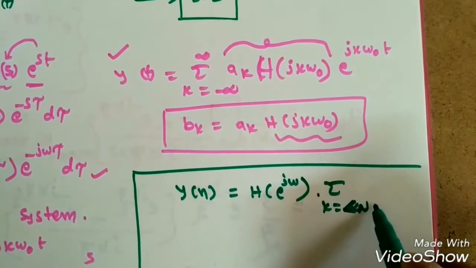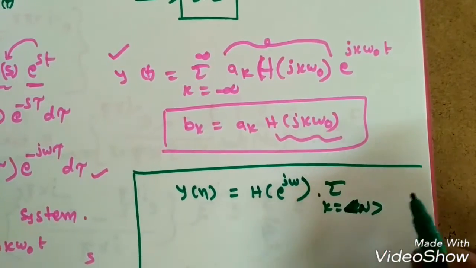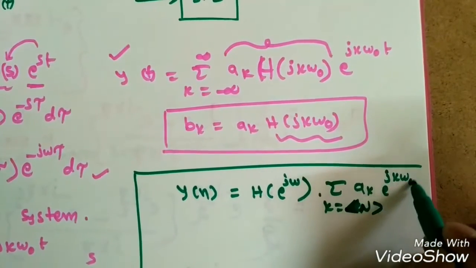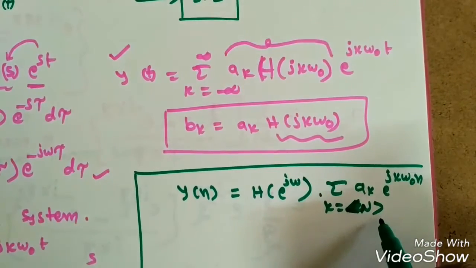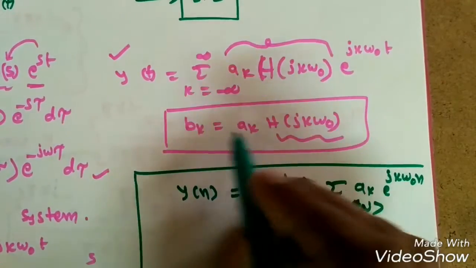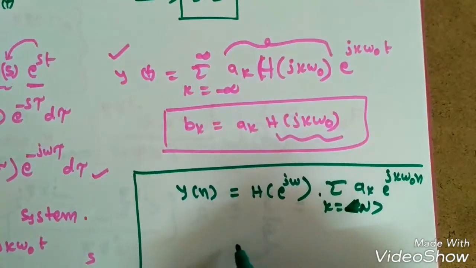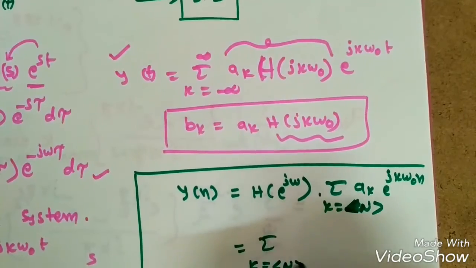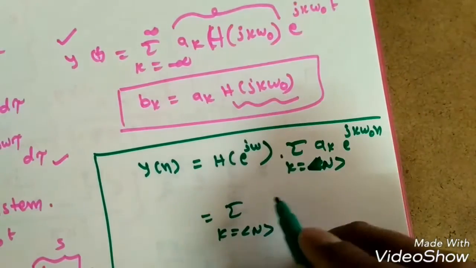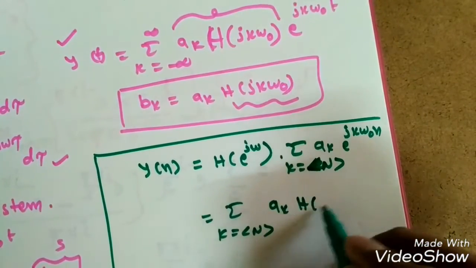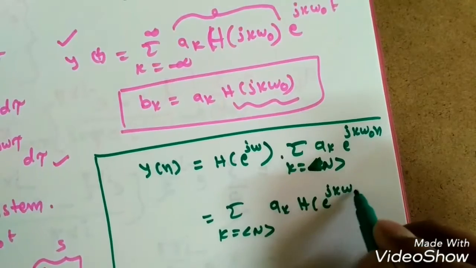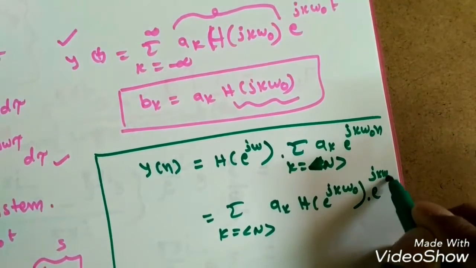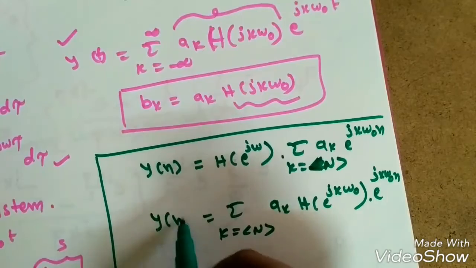Here we need the summation over one period of a_k e power j k omega naught n. This is x of n, right? Now the same property applies: H goes inside the summation over this period N, and we get a_k into H of e power j k omega naught into e power j k omega naught n. So this is y of n.